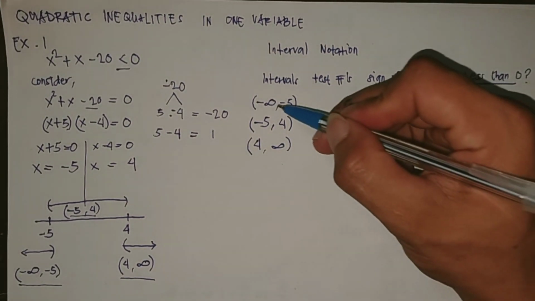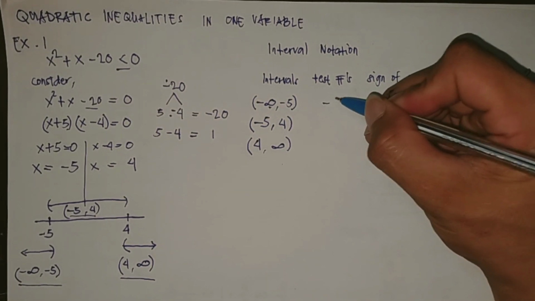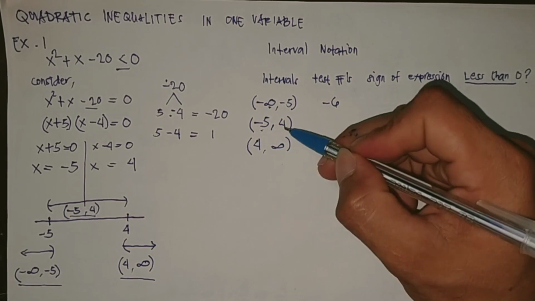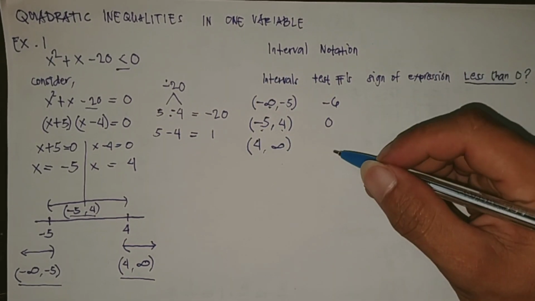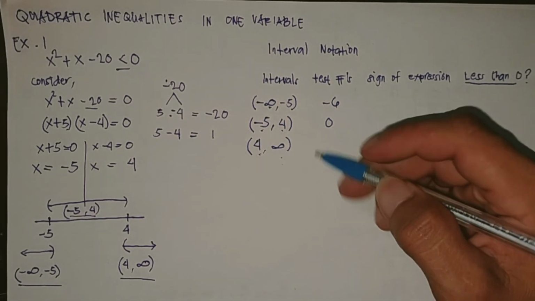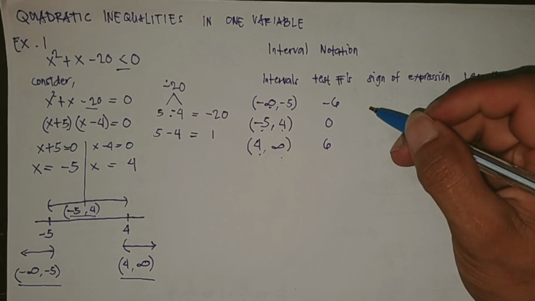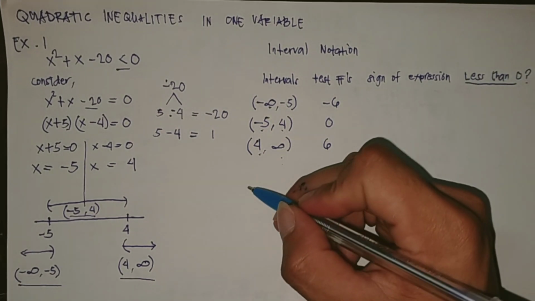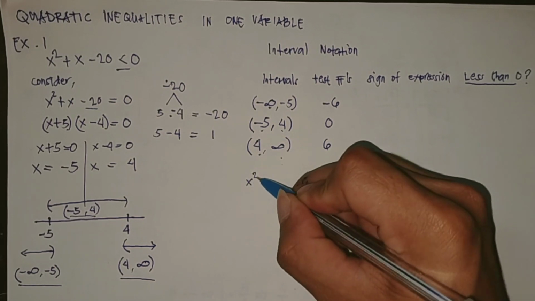And now we need to choose our test numbers: between negative infinity and negative 5, negative 6; between negative 5 and positive 4, we have 0; and between positive 4 to positive infinity, we have positive 6. We need to substitute our test numbers into the quadratic expression.